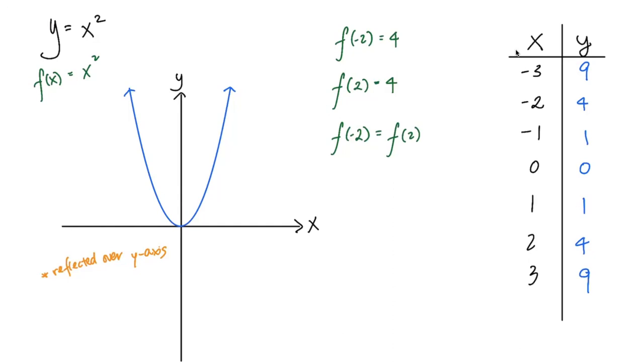And as I said, not just -2 and 2, it basically works for any x value and the negative x value. So we can actually go even further and say f of -x is equal to f of x. f of -x is equal to f of x.